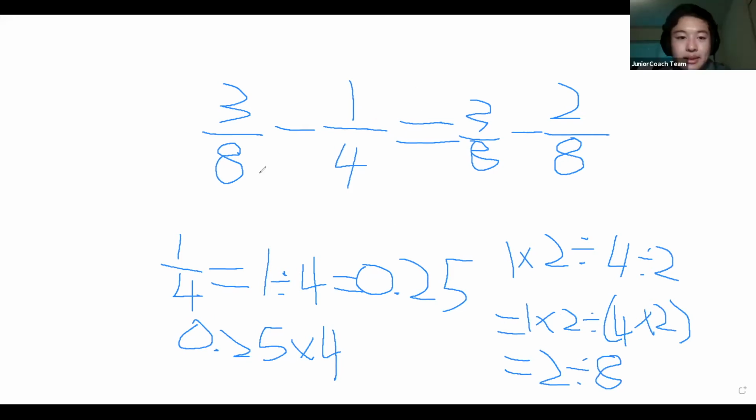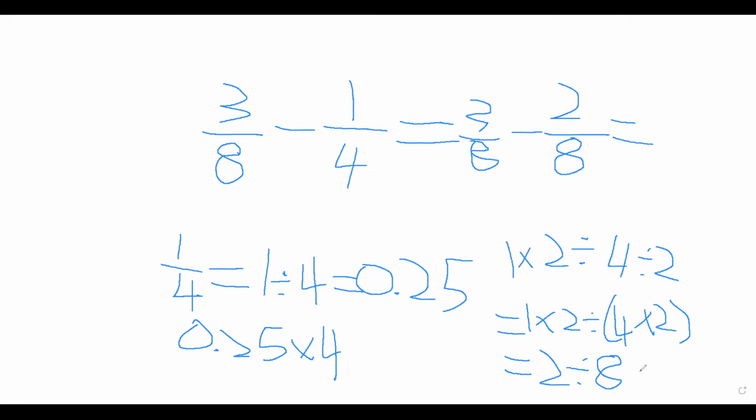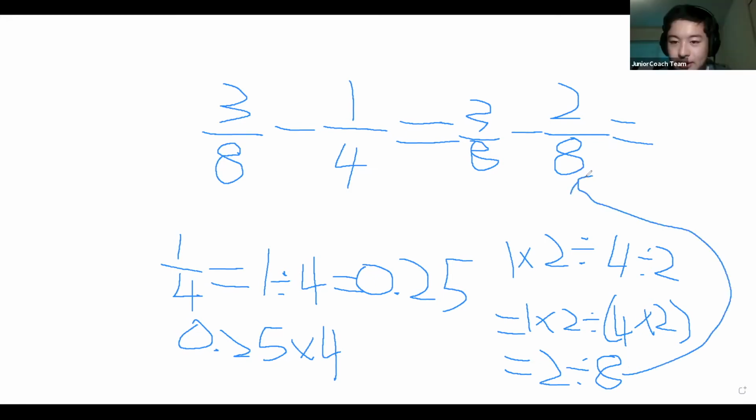But for this question, we have 8 at the bottom, so we're just doing this simplified. Basically make the fraction so that you can actually do subtraction and addition. 2 divided by 8 is equal to 1 divided by 4. So then the answer would be 1/8, right?